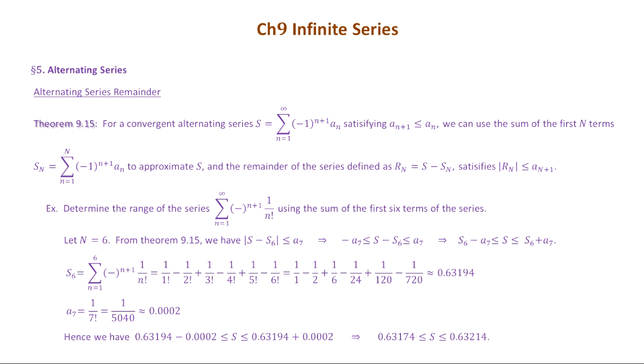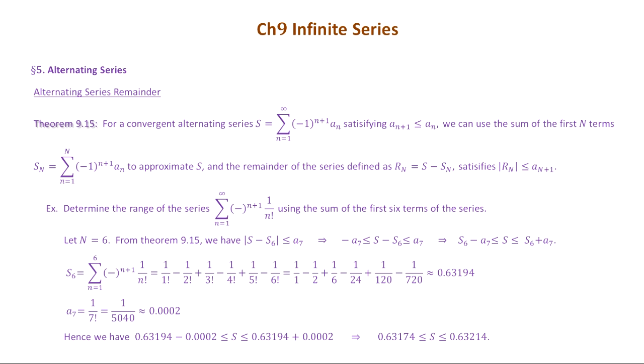0.63194 approximately. Okay, and then you can also compute a7, which is 1 over 7 factorial, the magnitude of the 7th term in this series. It's just 1 over 5040, and that's about 0.0002.